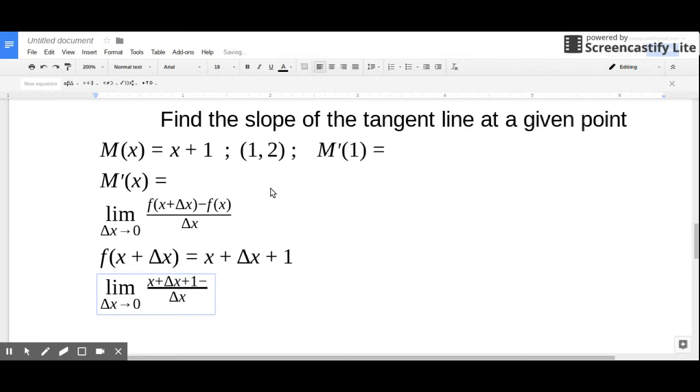Now remember, don't forget, you have to put parentheses around this because of that minus sign. If you don't, you're going to end up messing this thing up. Okay, now what we'll want to do is simplify this guy. We'll just rewrite it.